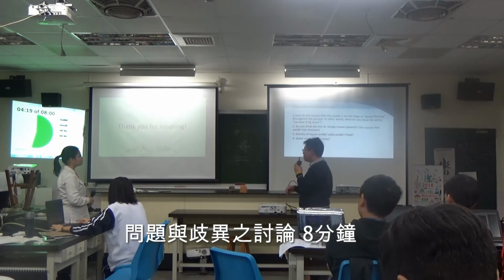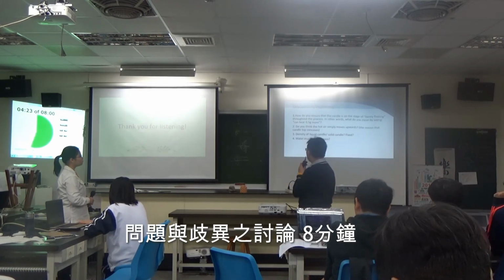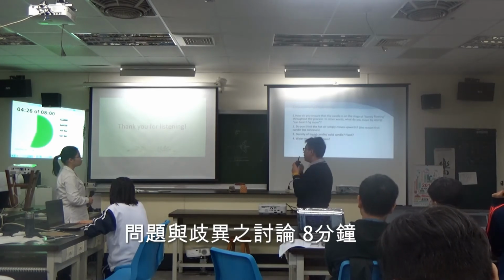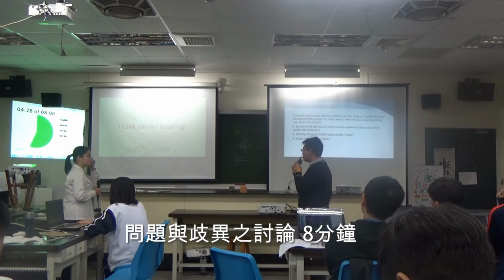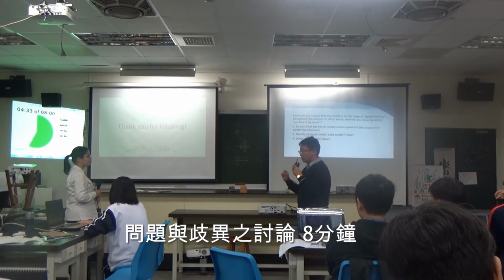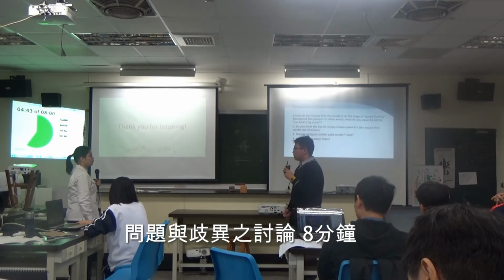My major points of discussion are, firstly, how do you ensure that the candle is at the stage of barely floating throughout the process? In other words, how do you ensure it is at a constant state of bearing 0.5 grams more of buoyancy through the whole process of your experiment?